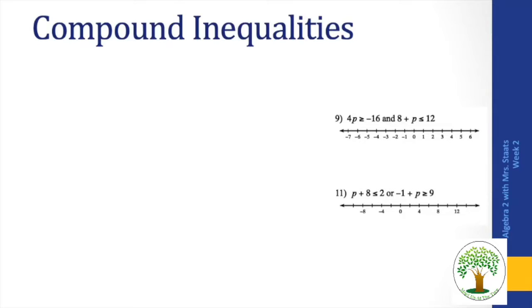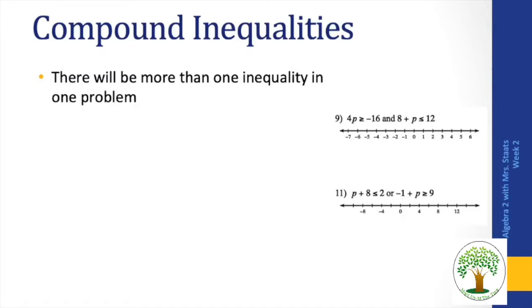All right, now we're going to talk about compound inequalities. A compound means we're going to put two things together, and so we're going to put the two things together that are these inequalities. And I want you to notice that we have some words in there, and the words are what make it the compound.